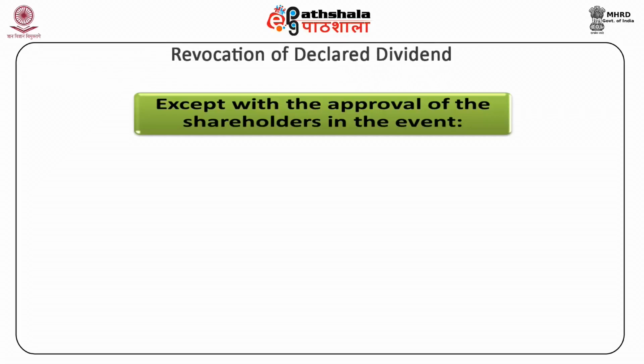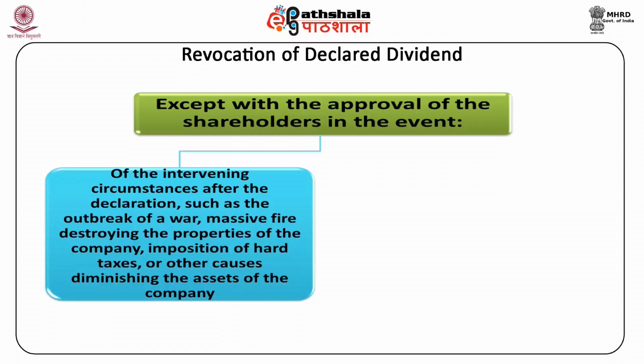Generally, dividend declared cannot be revoked except with the approval of the shareholders in the event of intervening circumstances after the declaration, such as the outbreak of a war, massive fire destroying the properties of the company, imposition of hard taxes, or other causes diminishing the assets of the company.